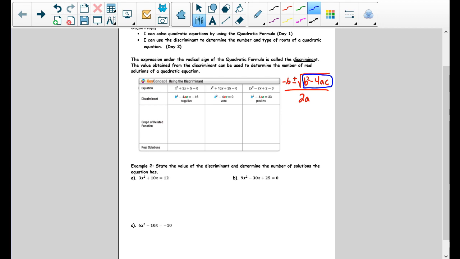So here we have the equation x squared plus 2x plus 5. We're going to find our discriminant. Now, our discriminant here is negative 16. So when I look at my graph, remember we had those different options for our graphs.